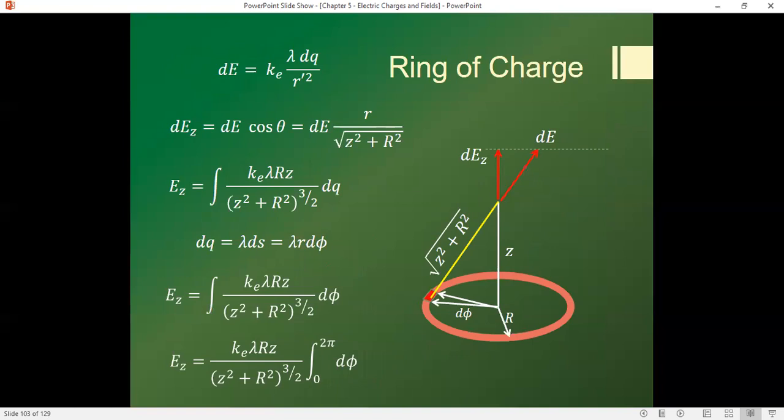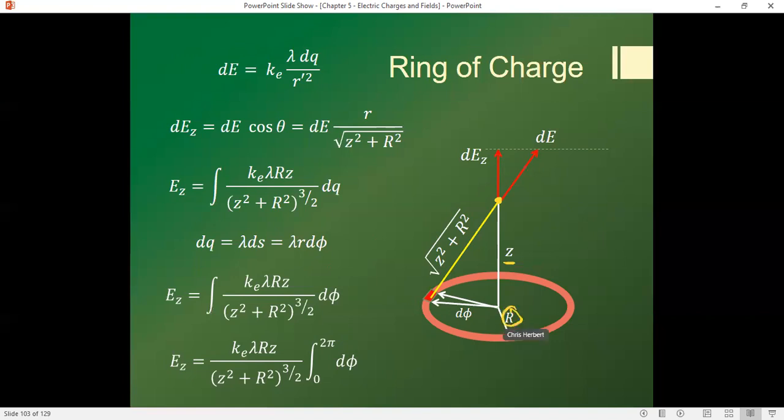We're going to do the same thing for a ring of charge. This is actually an easier calculation to make. We are going to calculate the electric field at some point above the center of a ring of charge. And in this case, if we look at our geometry, Z represents the vertical distance that this point is above the ring center.